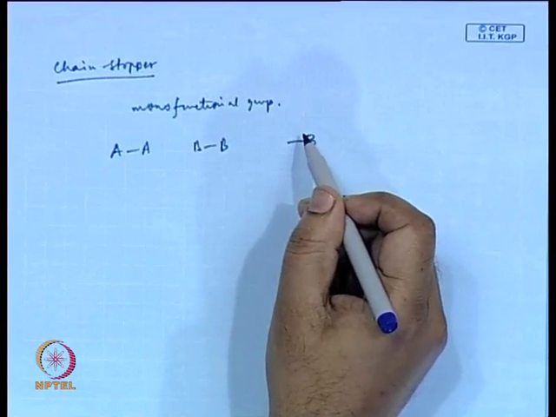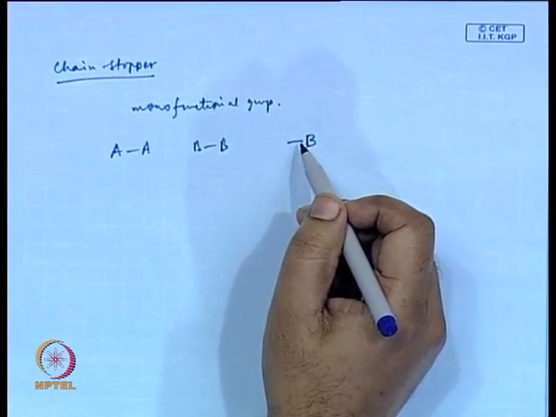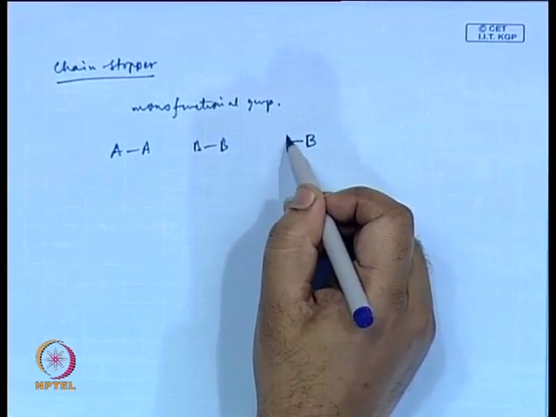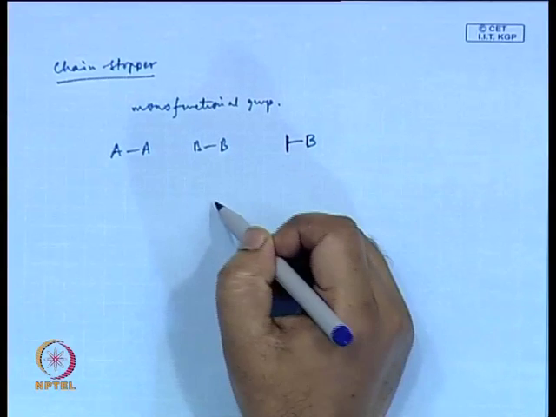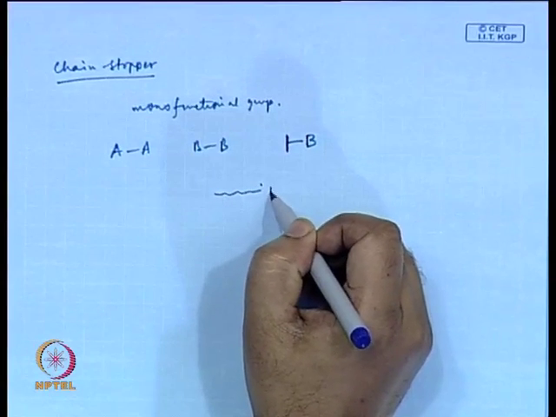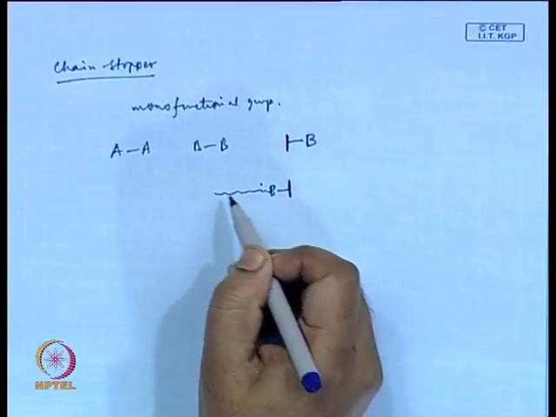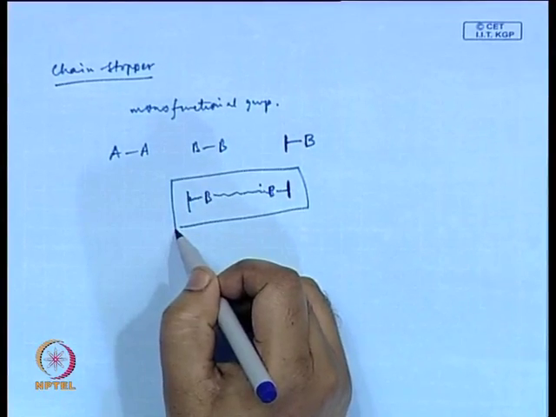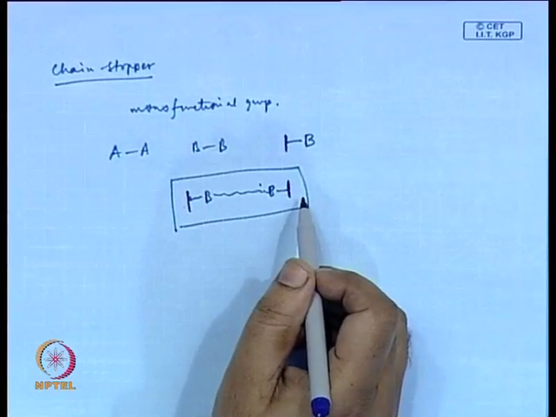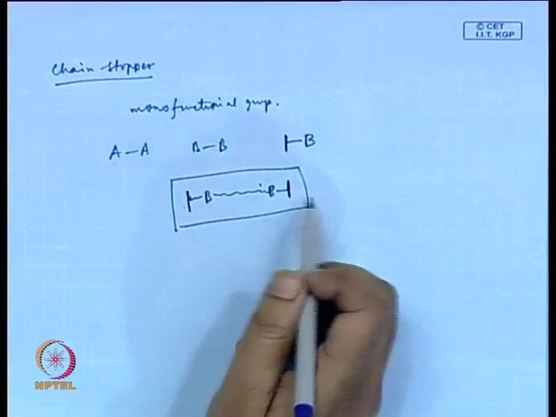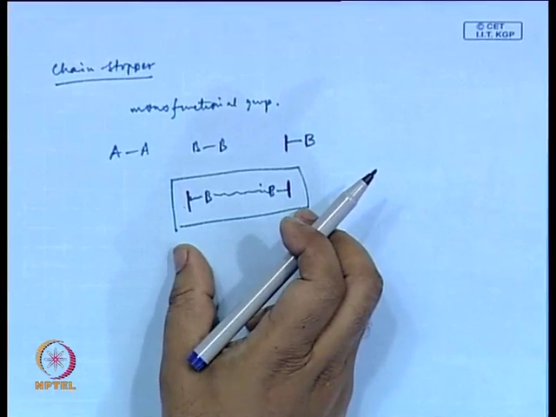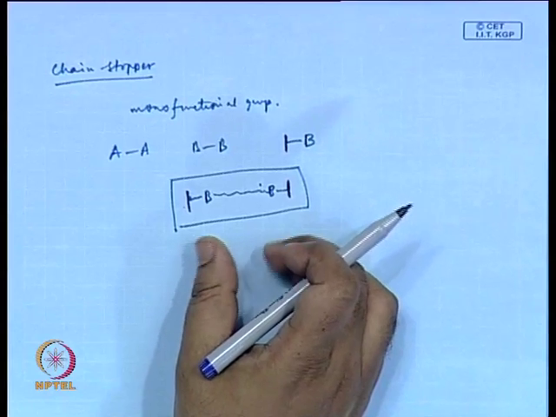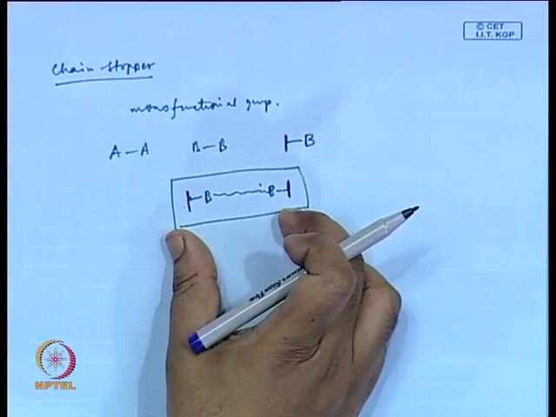Then the chain in which the ends are capped with B, the other ends are dead. This is a dead end. So, if you have some chain like this, B with dead end here and again B with dead end here, then you are forming a chain which does not have a reactive group on either side. That means this chain cannot take part in the reactions, which will allow you to control the molecular weight.